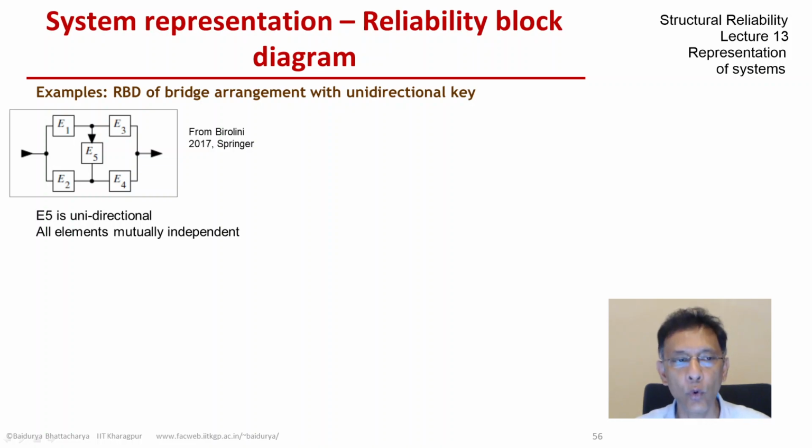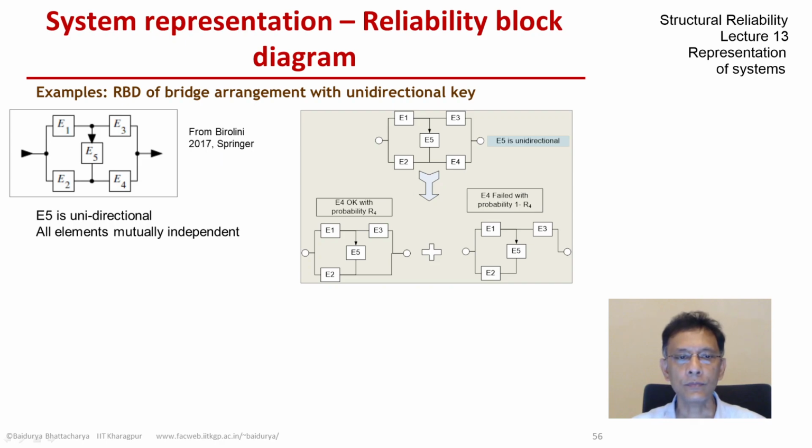Say let's take E4. So now we take, on the left, the conditioning event that E4 is for sure working, and on the right E4 has for sure failed. So that's our partition, and our system reliability can be expressed in terms of the equation that you see on the left.